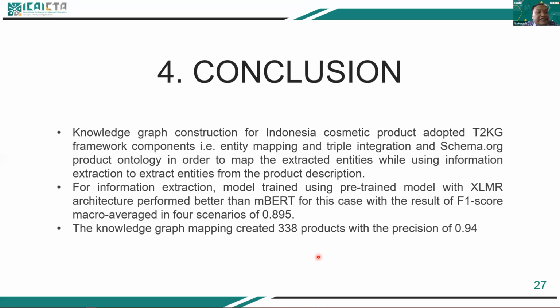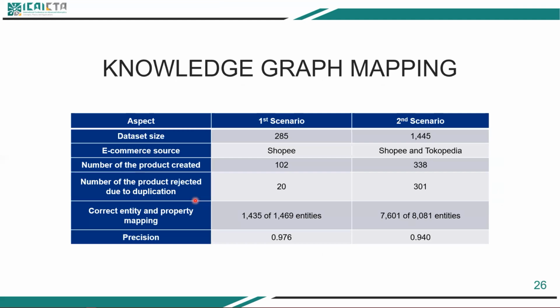Thank you, Pak Rizal. For the first question, we use precision as the metric for the entity mapping because it's actually a manual check of the mapping. We check whether the mapping is correct or not, and it wouldn't produce a false negative because of the approaches we use.